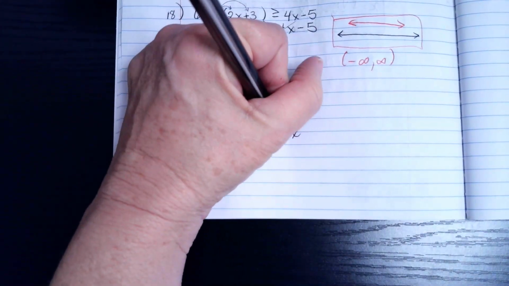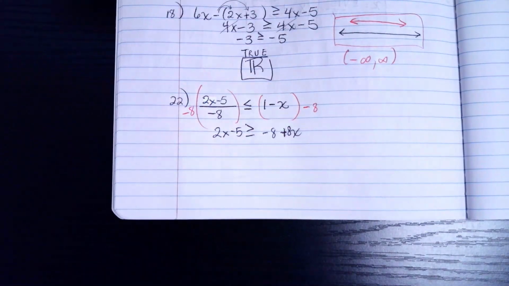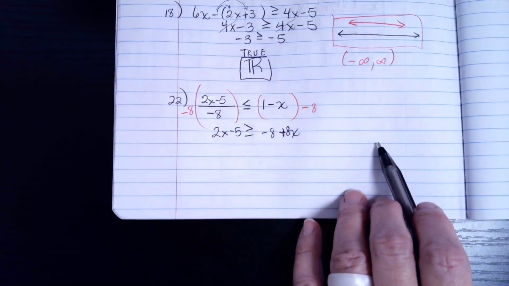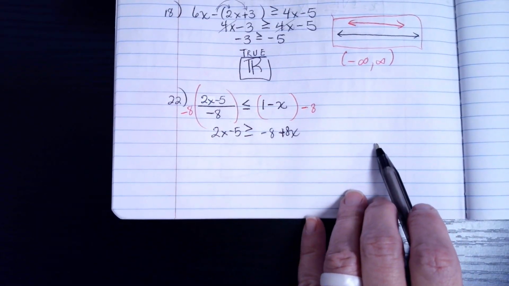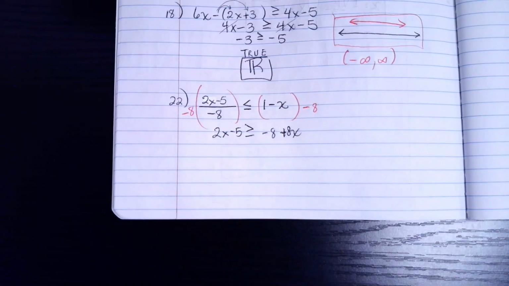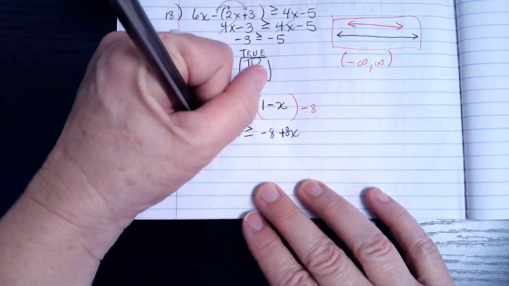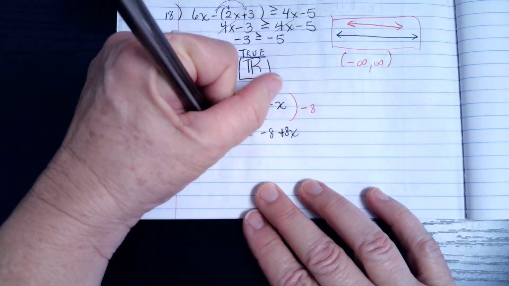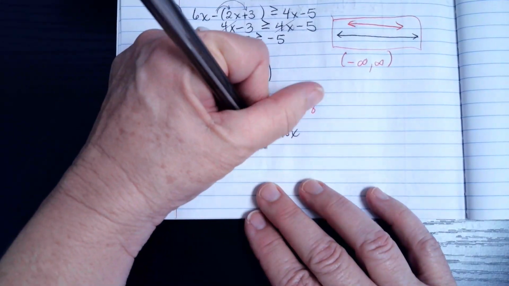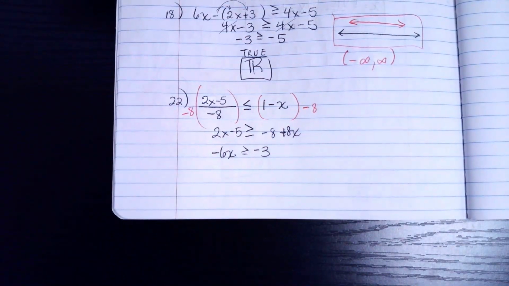All right. So now, at this point, you might want to bring the 2x over so it's not negative, but you need your x on the left because it will be pointing the right direction that your number line should point. So bring it over, and you get a negative 6x greater than or equal to negative 3, which means now you have to divide by a negative, and you flip it back.